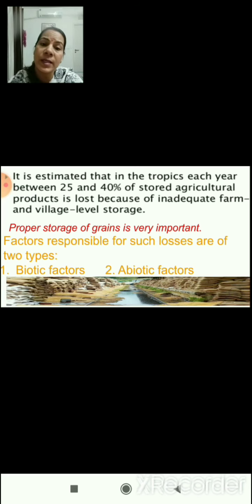There are two factors which are responsible for losses during storage. These factors are biotic factors and abiotic factors.